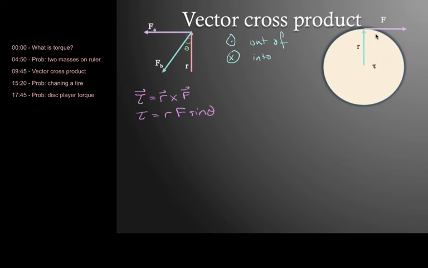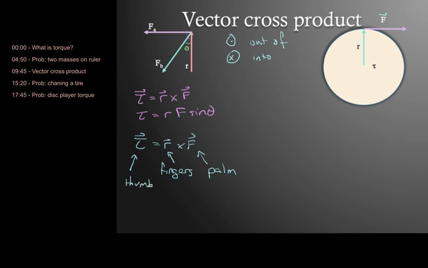So if we had a force applied in this direction, in this way, so here is our R, the moment arm, and here's F. Our torque is going to be R cross F. So what we do when we work out the direction of this is that here we stick our hand, and this is going to be our fingers, and this is going to be our palm, and then this will be our thumb.